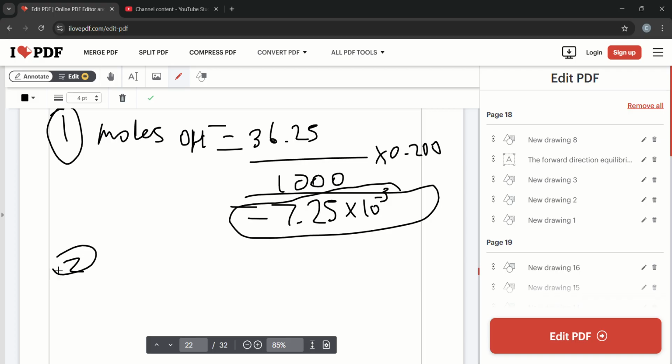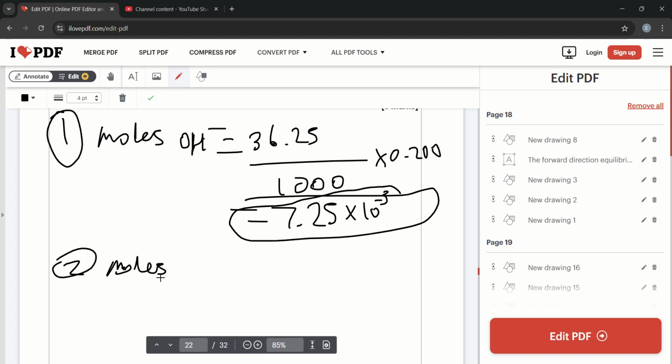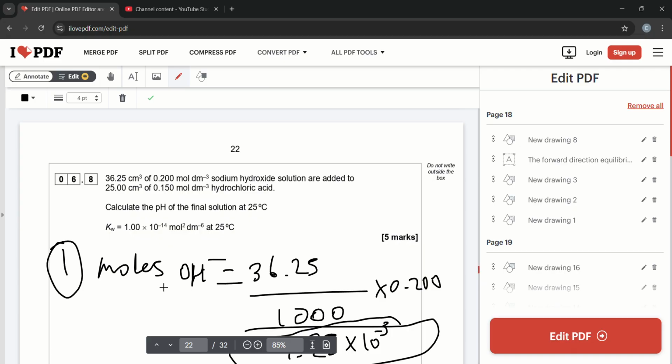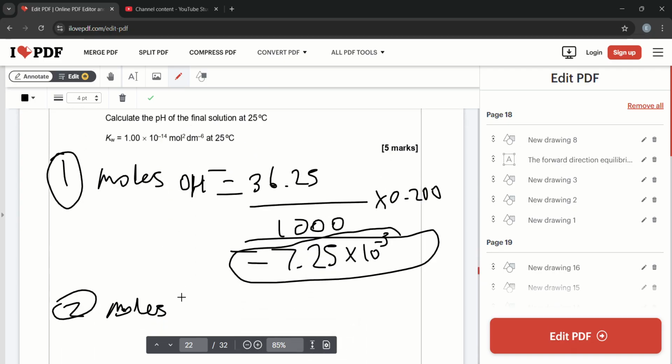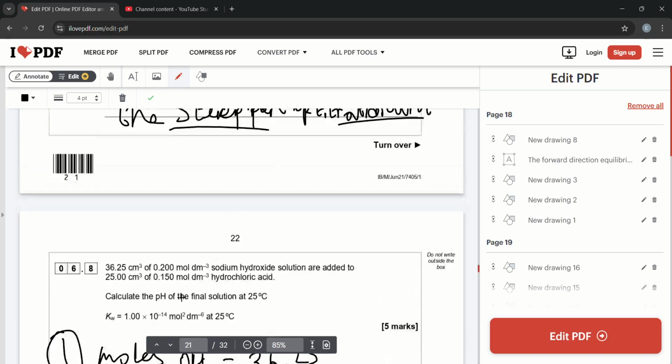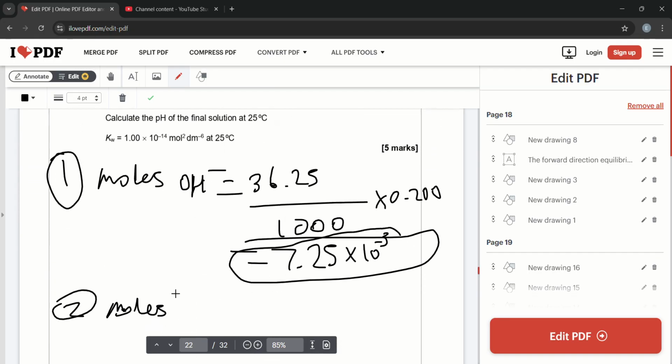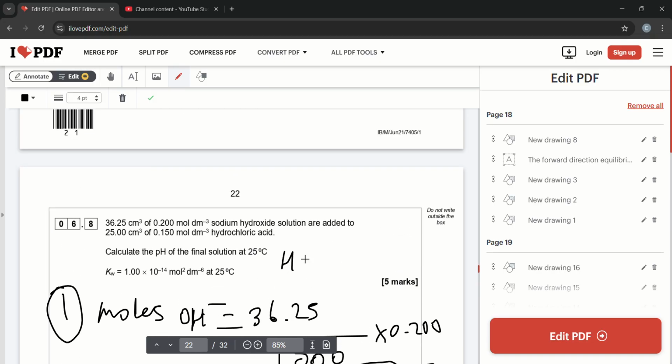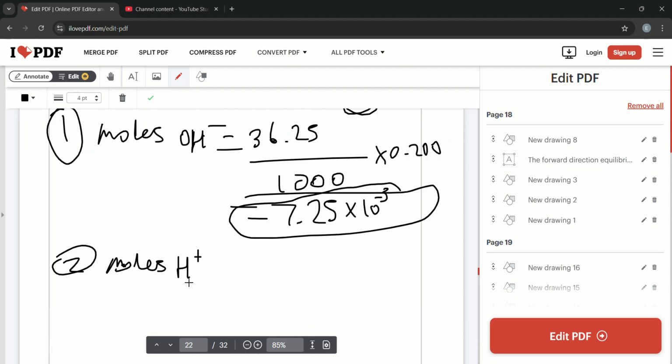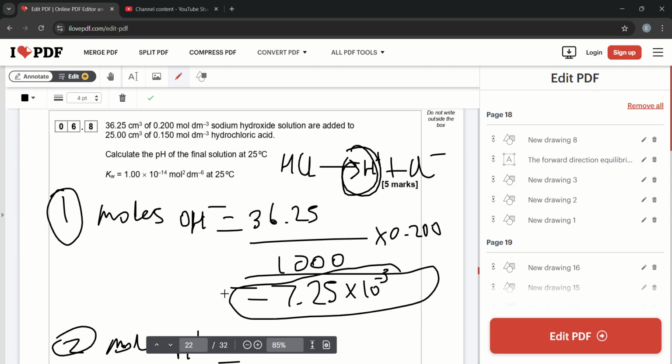Number 2, find out the moles of HCl. Well, in this case, what does HCl contain? HCl has H plus and Cl minus, and really what we want is H plus. So technically we're finding the moles of H plus.